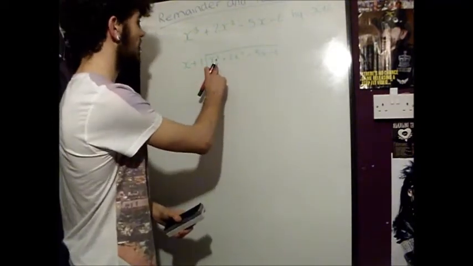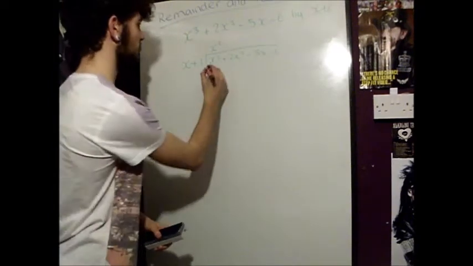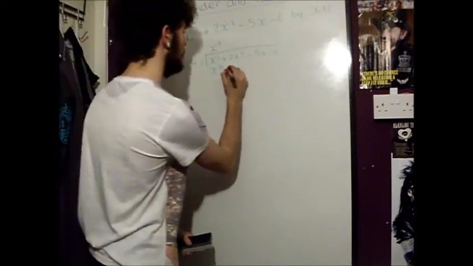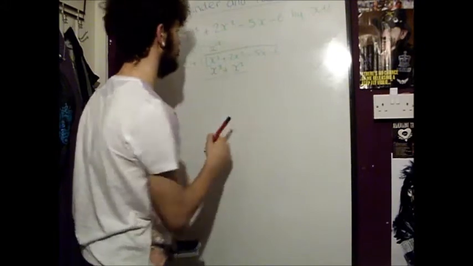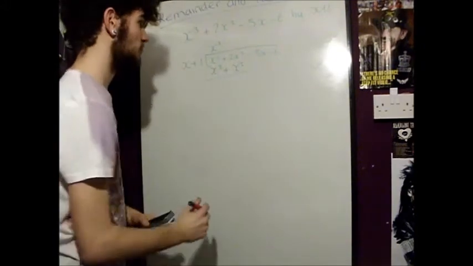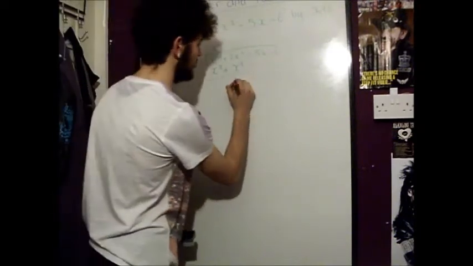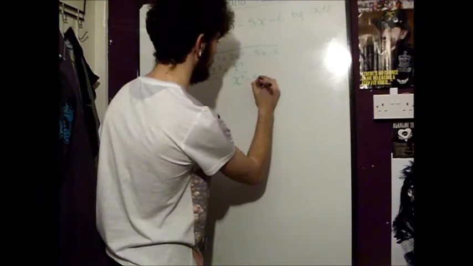So x times x squared gives us x cubed. 1 times x squared is x squared. Take them away from each other. x cubed minus x cubed equals 0. 2x squared minus x squared gives us x squared. Bring down the minus 5x.